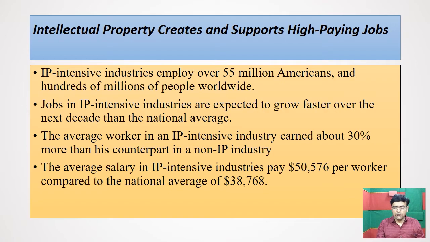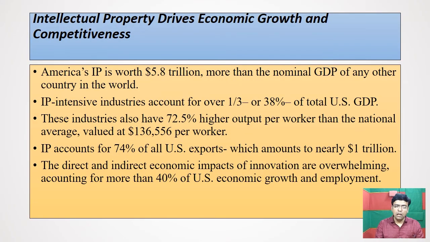The average worker in an intellectual property intensive industry earns about 30% more than his counterpart in a non-IP industry. The average salary in intellectual property intensive industry is $50,576 per worker compared to the national average of $38,768. That's why the role of intellectual property is essential.